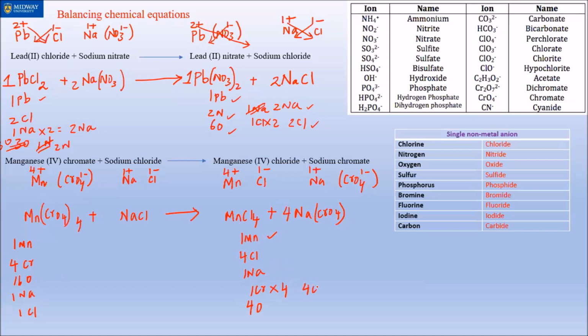So now we have 4 chromium, which works out, and then we have 4 sodium now, which also works out, and then we have 16 oxygen, which also works out. We haven't changed this. We have 1 Cl on this side, we have 4, so just put a 4 here, which also makes it 4 Na and 4 Cl. There you go. See, it's easy. It took me like 10 seconds to solve it. So let's go put 1 wherever there's not a number.